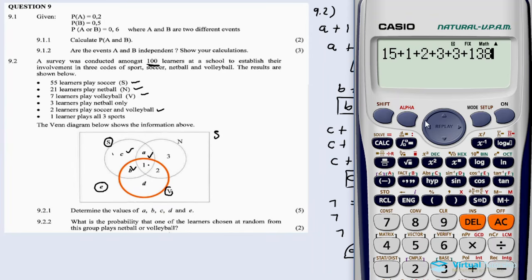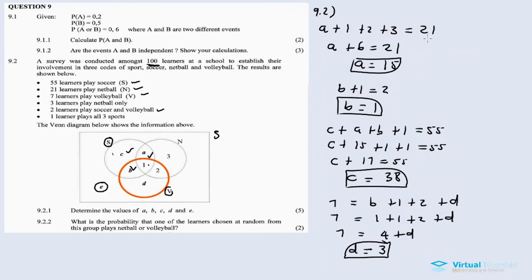This is, wait, not 138 but 1 equal to 63. So everything in this Venn diagram gives us 63, but when I add E I should get 100. So therefore I must say 100 subtract 63, the answer must be 37. So it means E will be equal to 37 because when I add everything here I should get 100, but adding these ones without the E I got 63. 100 minus 63 gives us 37. So that is how we find E.